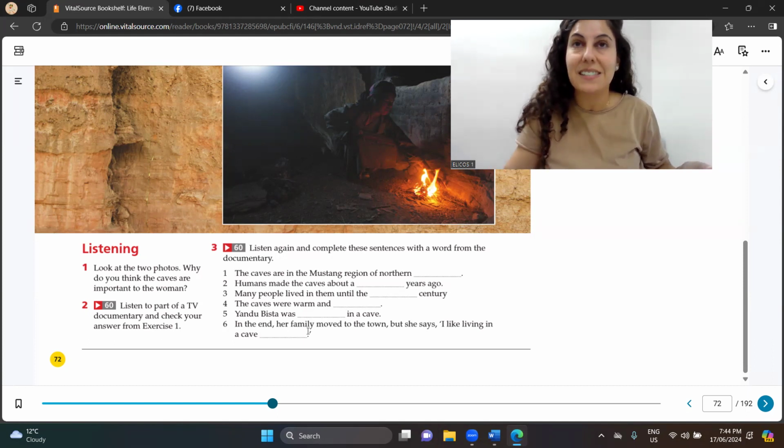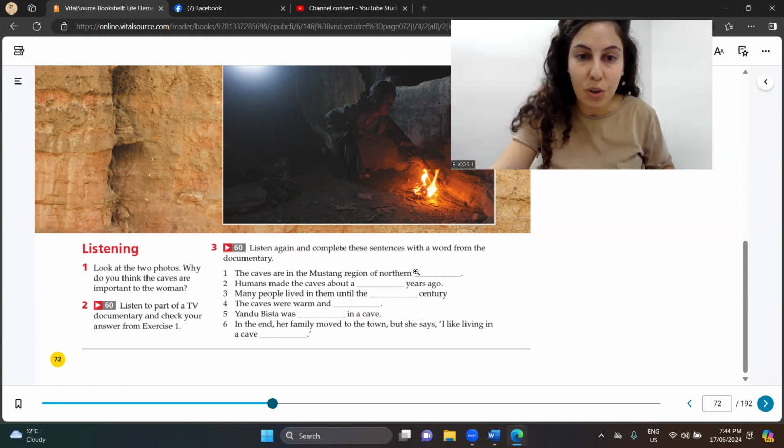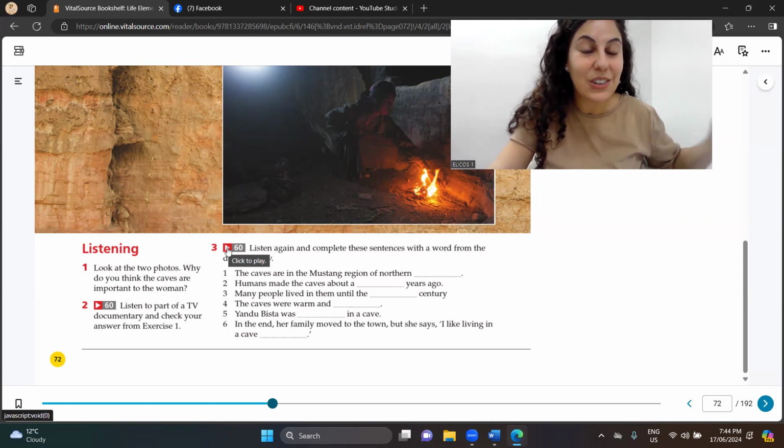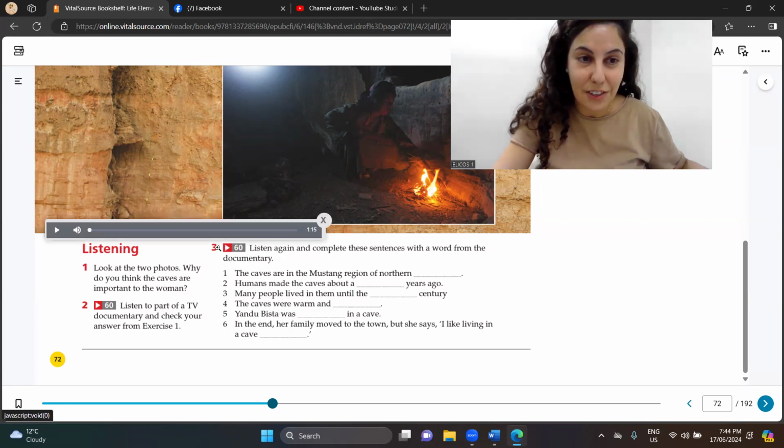It's going to tell us where these caves are, in what region, when humans made these caves, many people lived in them until which century, and talking about this woman, Yandu Bista. So let's listen now and again hear those past simple verbs. Track 60, Unit 6B.